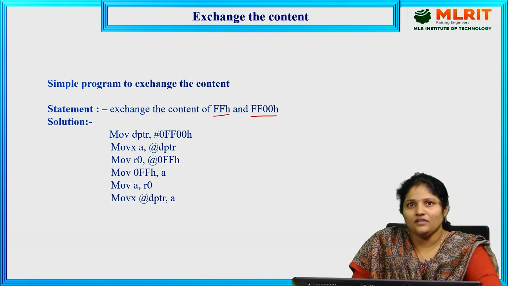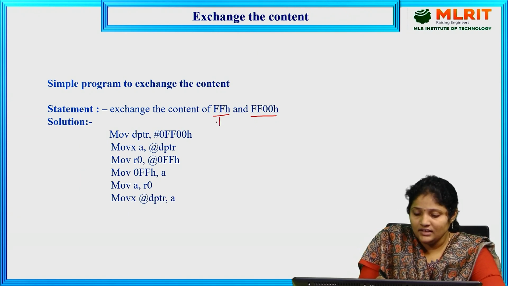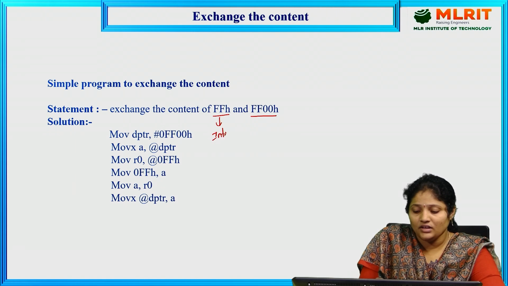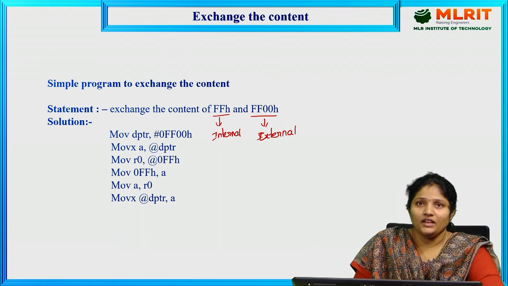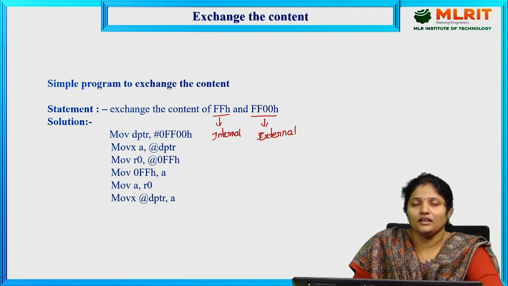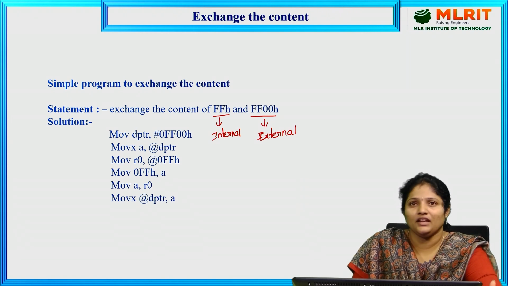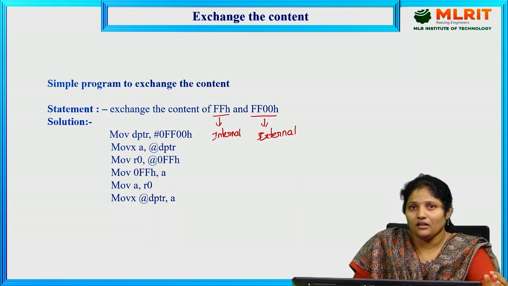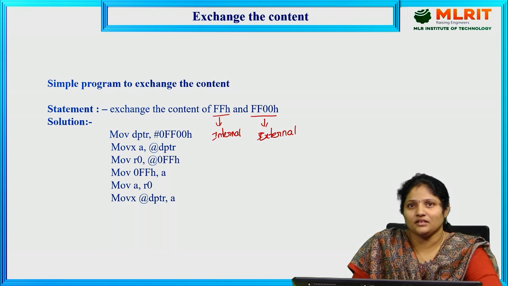So here itself we can identify that this is the internal memory location and this is the external memory location, right? The internal memory of 8051 is 128 bytes of RAM. So here FF is representing the internal memory, and a 16-bit address represents the external.